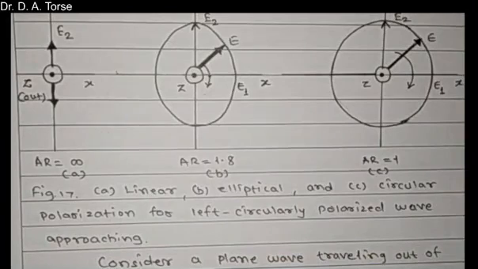So in general, the electric field of a wave traveling in the z direction can have these two components. If there is a phase difference of delta between the components, the wave is said to be elliptically polarized, and it is not mandatory that the wave has to travel in the z direction. It can be considered traveling in the x and y directions also.